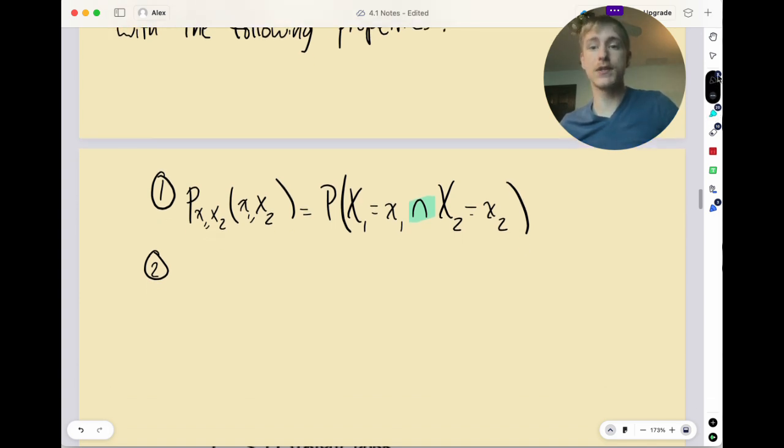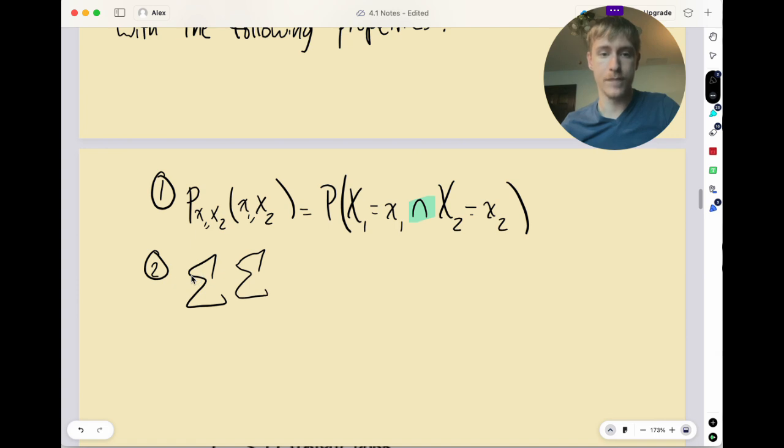The second condition is the normalization condition, and that basically means that the sum over all x1 and x2 of all these probabilities is 1. Since we have two random variables, we have a double sum, where x1 goes from minus infinity to positive infinity, and so does x2.